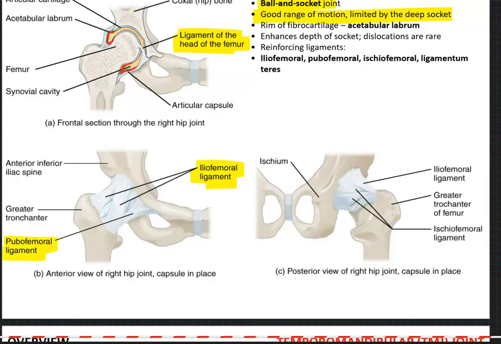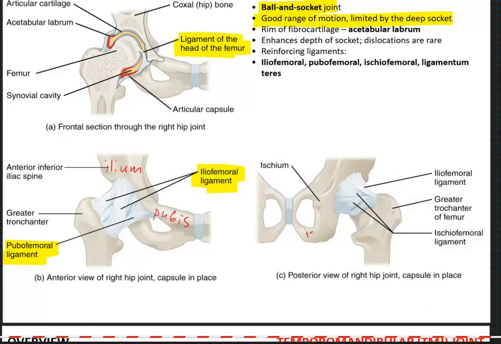Pubofemoral ligament connects pubis. So let me highlight some of the things. So this is pubis. This is ilium. Okay? And then the back part, the ischium, is connected to the femur by the ischiofemoral ligament.